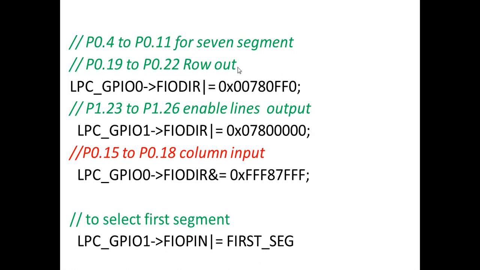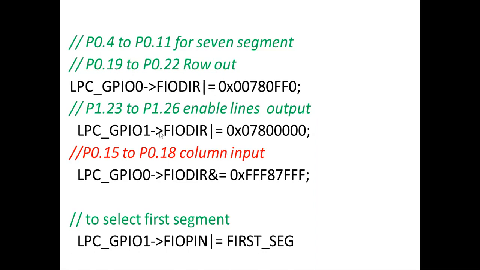That value is 0x00780FF0, and it should be logically ORed with the earlier value of the FIO DIR register. Thereby you are ensuring only these pins are directed as output, whereas the remaining pin directions will be unaltered.